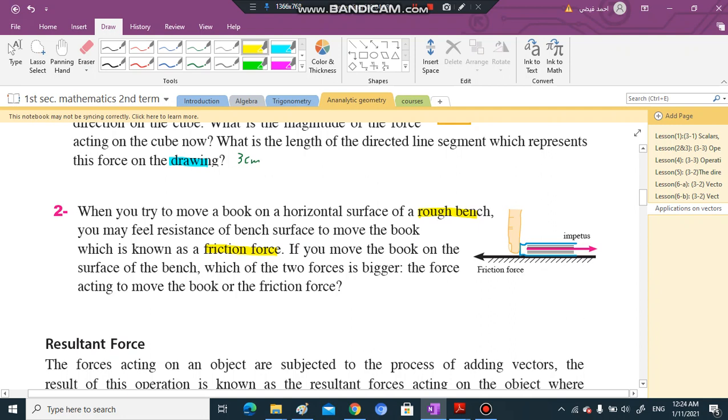So we have two forces, the impetus force and the friction force, and the greater one will make the book move or stay still.